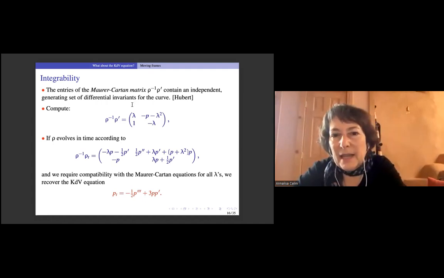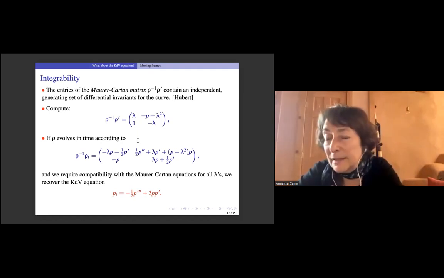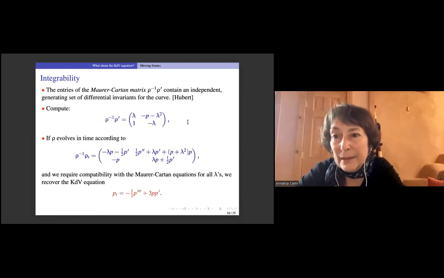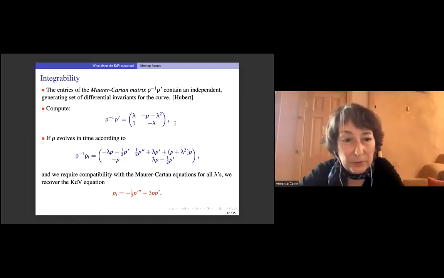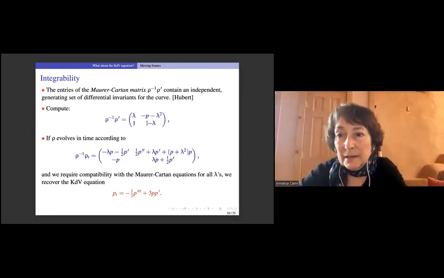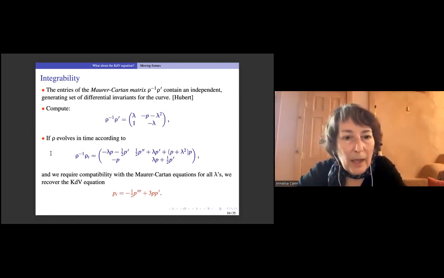In this case, we are in an arc length parametrized curve, so we only see the P. But in these guys here, this will contain also the velocity, the arc length parameter.